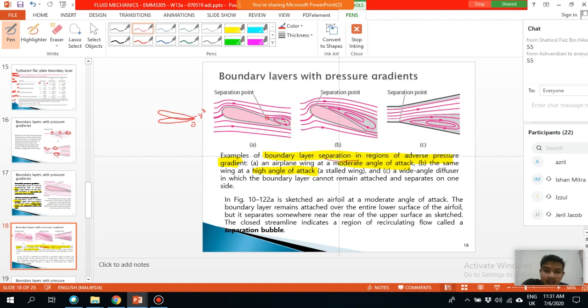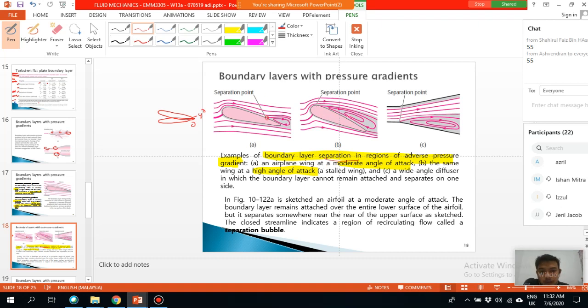When we increase the angle of attack, the separation point moves nearer to the leading edge because of the flow obstacle. So there will be negative pressure here, high pressure here, and there will be recirculation here. So this is the effect of separation flow.